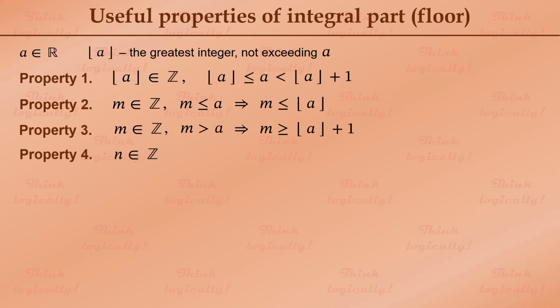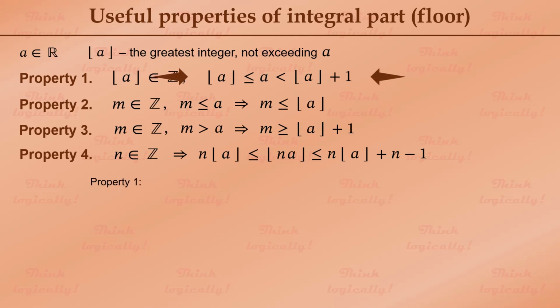If n is an integer, then the integral part of n times a is greater or equal to n times the integral part of a, and less or equal to n times the integral part of a plus n minus 1. To prove property 4, let's take the inequality of property 1 and multiply all 3 parts of it by n.